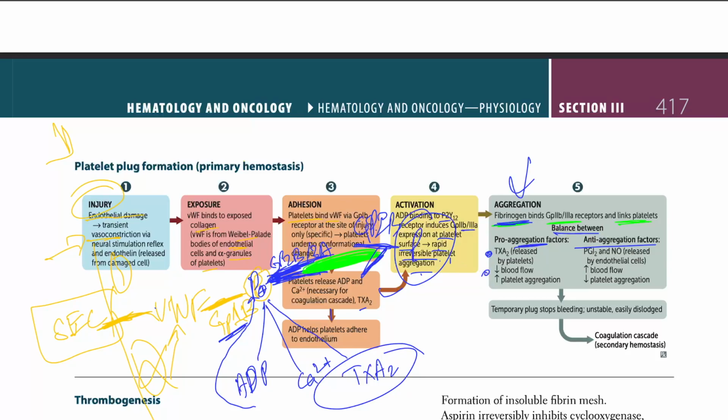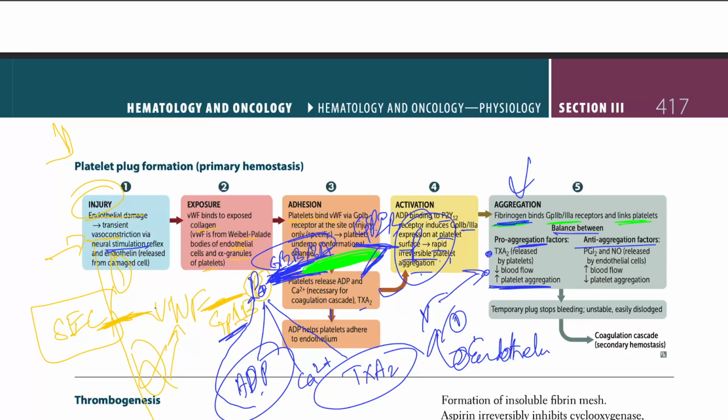In case of injury, you have vasoconstriction, which decreases the blood flow, and that was done by neuronal stimulation and by the endothelin release. The third thing is the increased platelet aggregation. How did that occur? That occurred due to the ADP being there. ADP stimulated the GP2B3As and aggregated the other platelets.